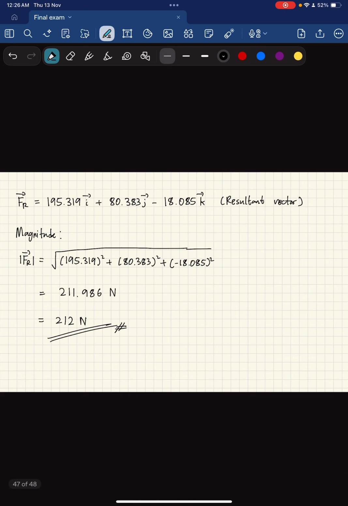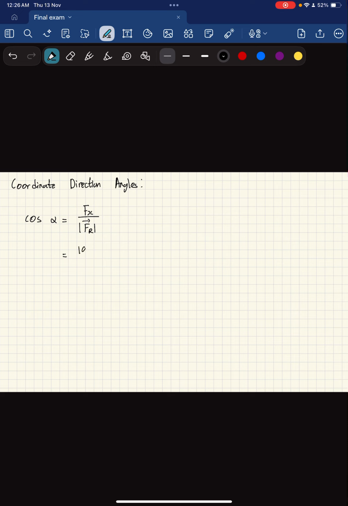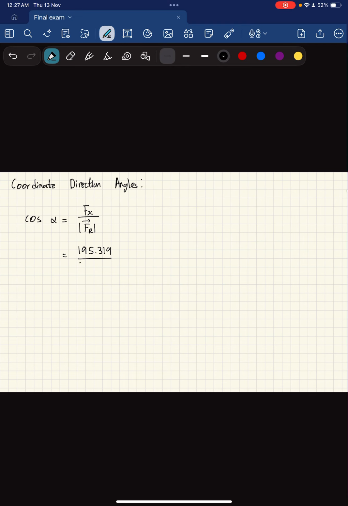Your Fx is 195.319, and the magnitude was 211.986. So 195.319 over 211.986, that's your cosine alpha.